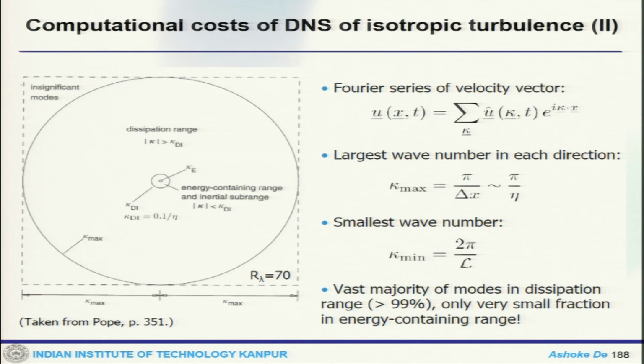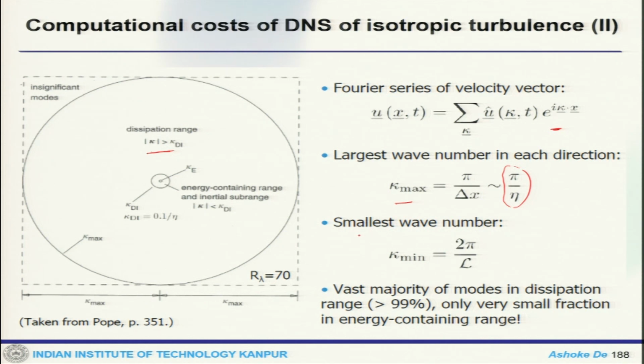Now, we can estimate the computational cost for an isotropic turbulence. You have this situation where the dissipation range would be at this. Then the Fourier series of the velocity vector can be expressed like that. So, we can find the largest wave number in each direction, that will be pi by delta x, which is of order pi by eta.